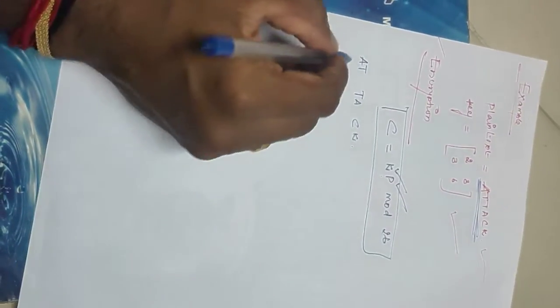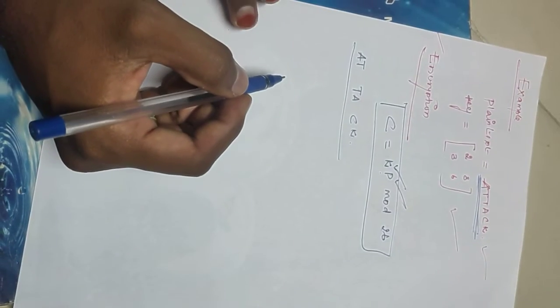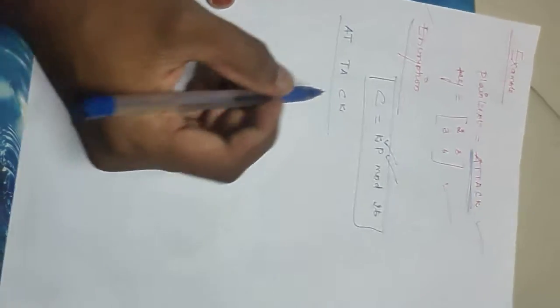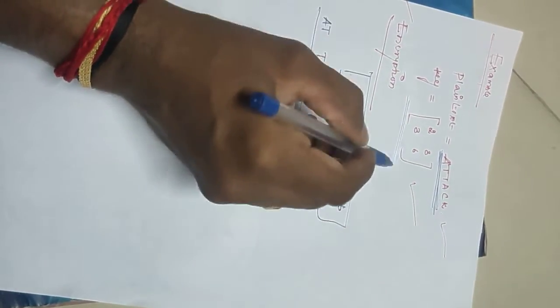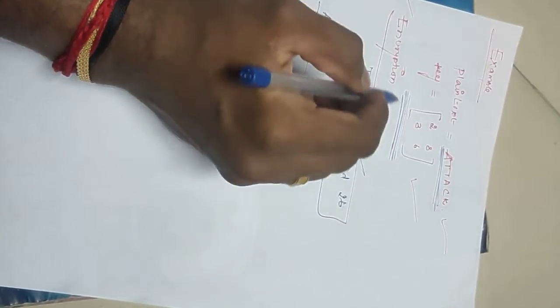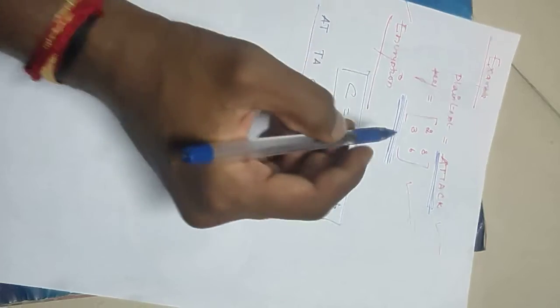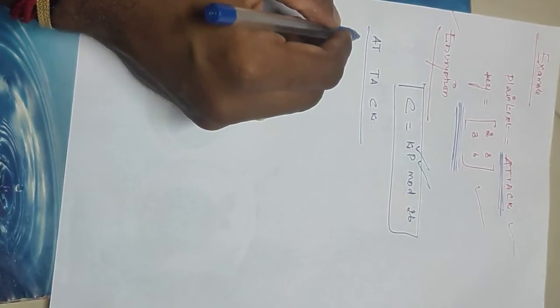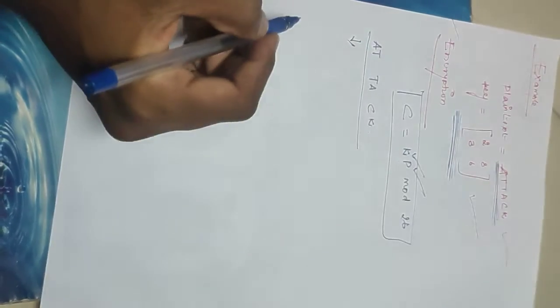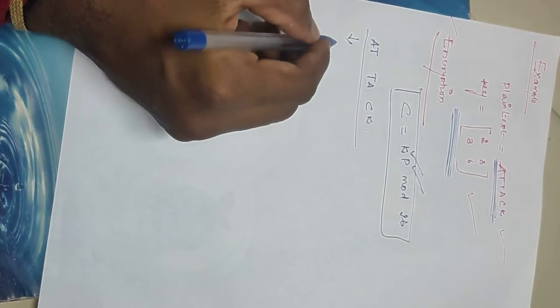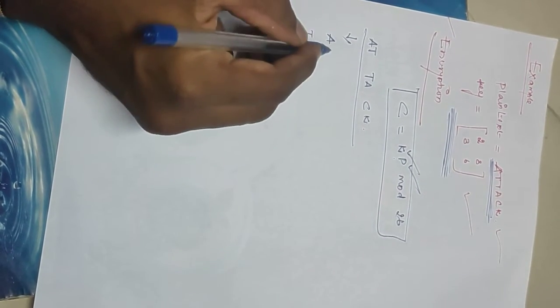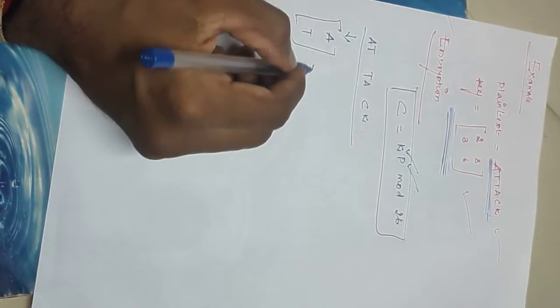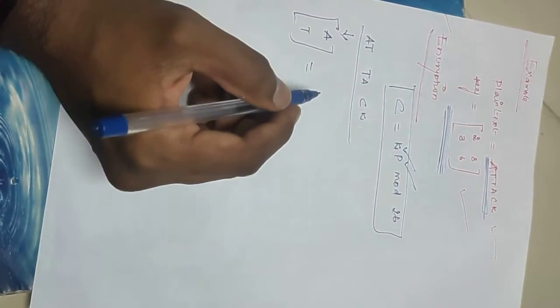What is the format for the key here? That is a 2 cross 2 matrix. Then again the plain text should be in the form of a 2 cross 2 matrix, so we have to write it in column manner.